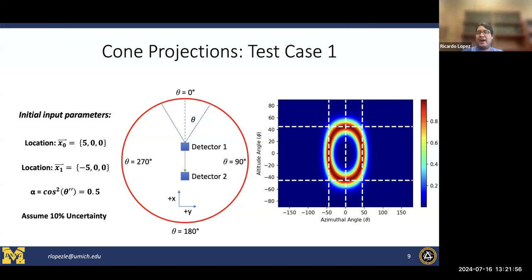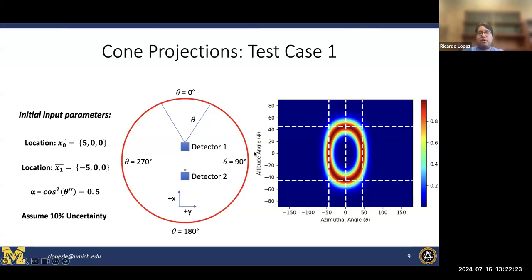But what I'm highlighting here with these white dashed lines is that they are all at 45 degrees. The reason for that is because based on the numbers that I just described, the incident angle for that particle would be 45 degrees. Hence, the opening angle of the projection cone would also likewise be 45 degrees.